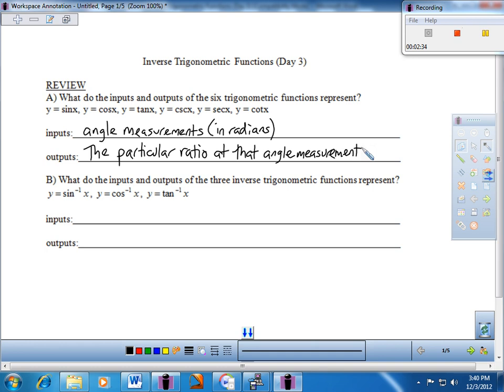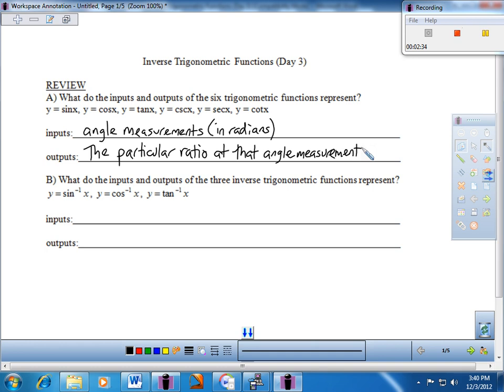Then, of course, we move to part B, and it says, what do the inputs and outputs of the 3 inverse trigonometric functions represent? So we looked at these 3 right here: inverse sine, inverse cosine, and inverse tangent. I'm hoping everybody would agree with me, based on the way we've developed the concept of inverses, that the inputs and outputs, from a contextual standpoint, switch. They are interchanged.